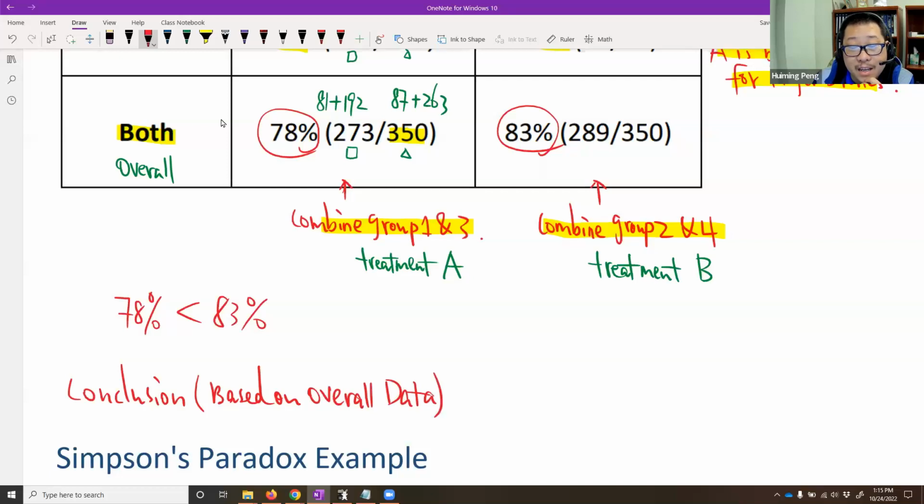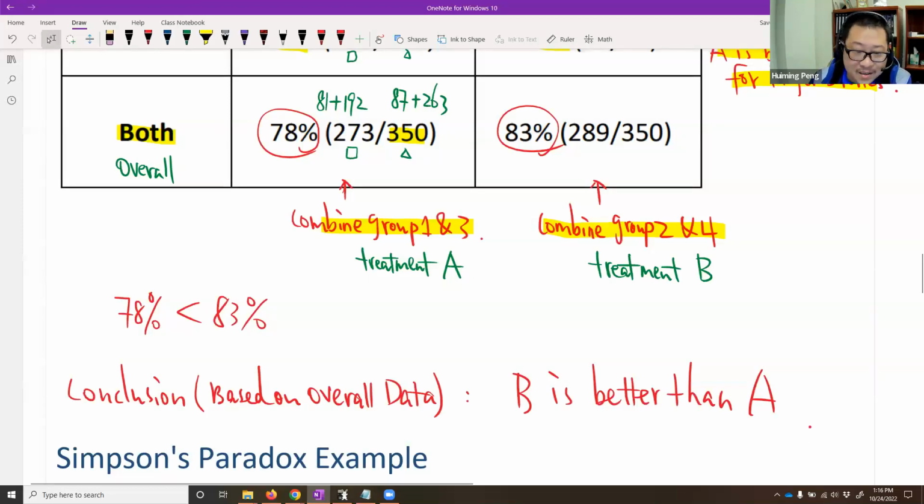I just combine them together. See, this time B is better. So, yeah, Fana said B is better, it's good. So treatment B is better than treatment A. How could that be?